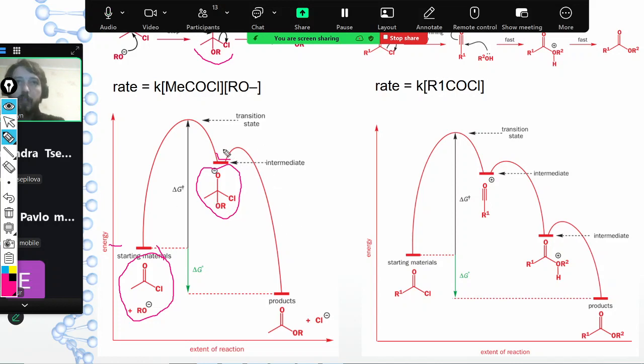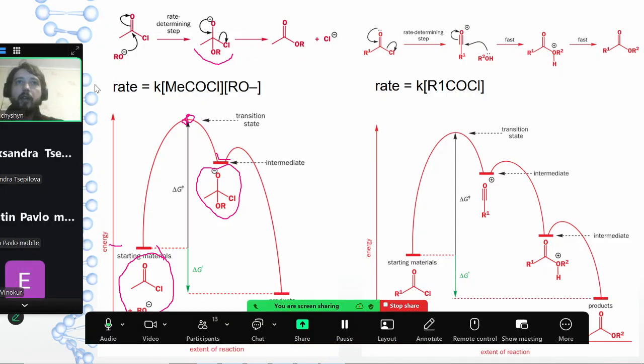And here you see, to get to this intermediate, we should go through some peak, some sort of transition state, when this bond is not fully created, while this double bond is not fully broken or transformed into a single bond. So this is a transition state.